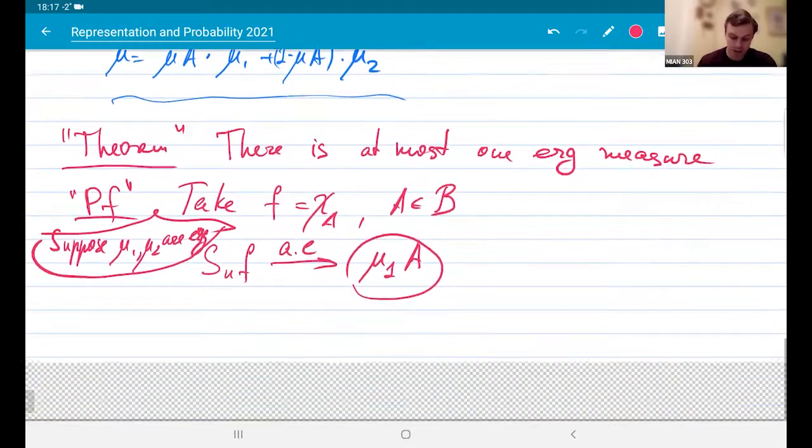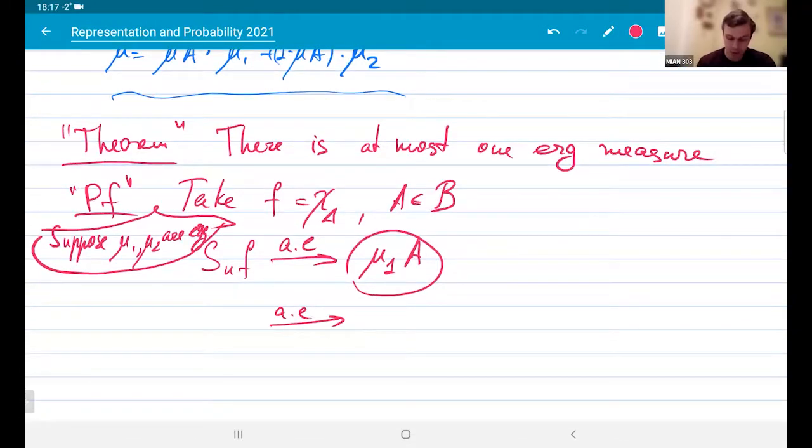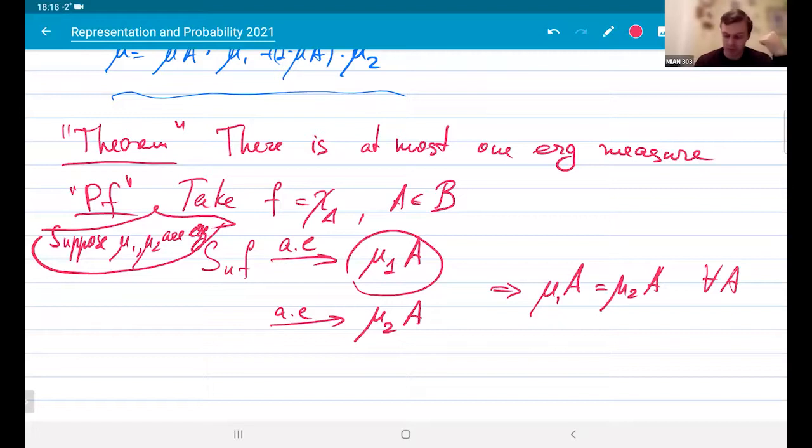On the other hand, this also converges to mu2 of A. Then this means that mu1 of A equals mu2 of A for any A. Hence, mu1 equals mu2, and that's it.